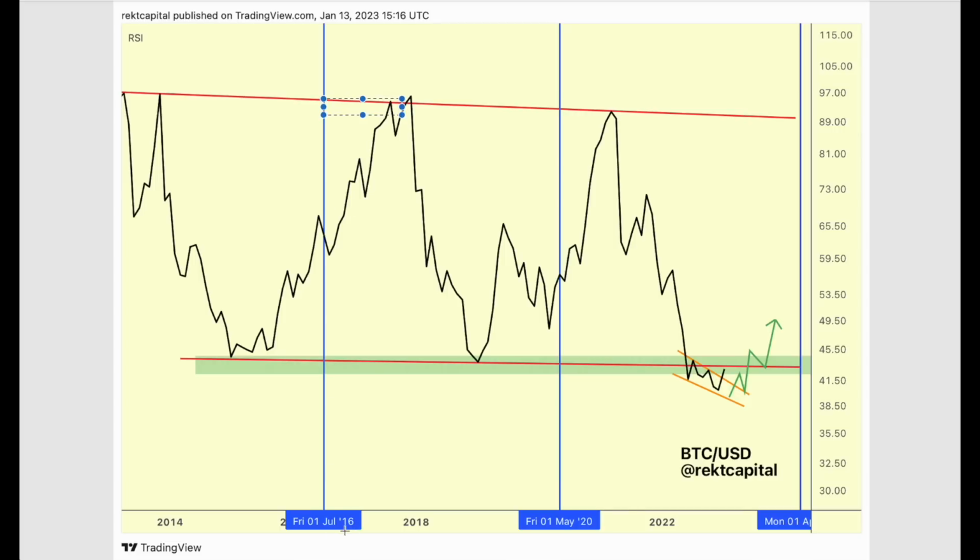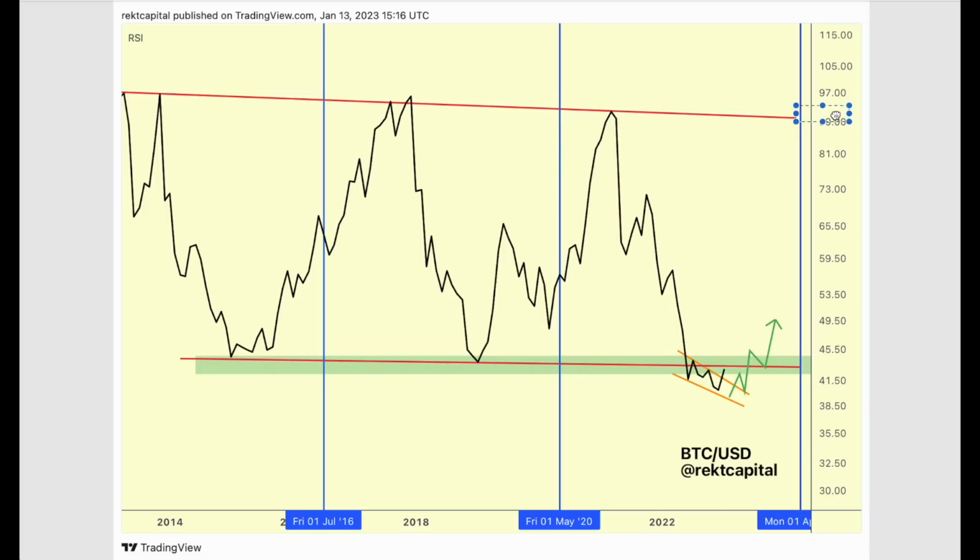So July 2016 being the halving, and around the end of 2017 is when we saw that bull market peak. So a year and a half later, and what about here, May 2020 and November 21, so roughly a year and a half later, probably even less. So in fact, are we seeing a declining tendency here where RSI and bull market peaks occur a little bit sooner?